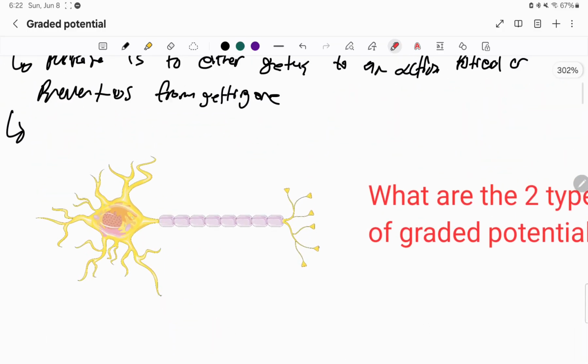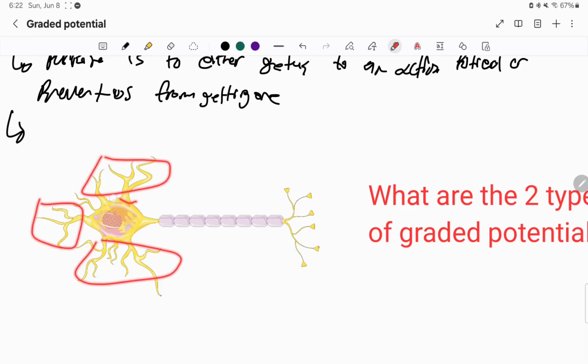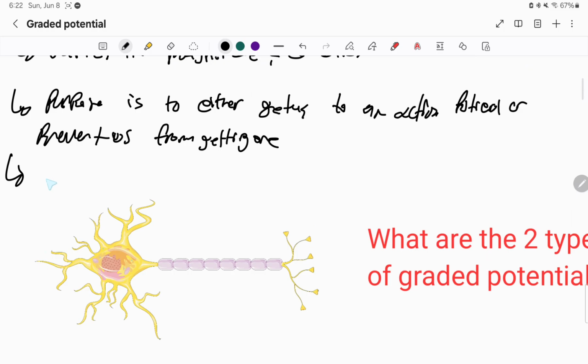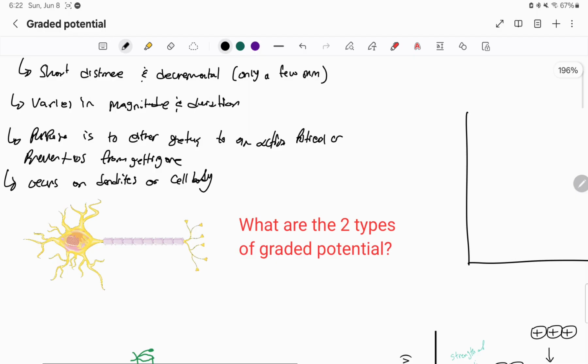Well, it can occur on the dendrites, these are the dendrites, or the cell body. Great, that's where graded potential occurs.